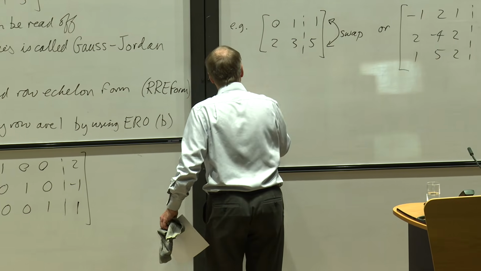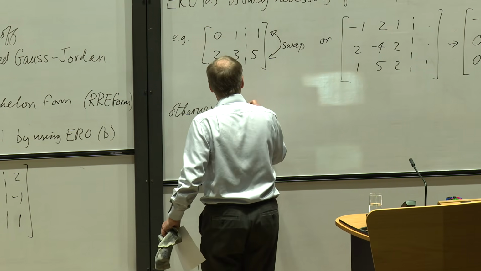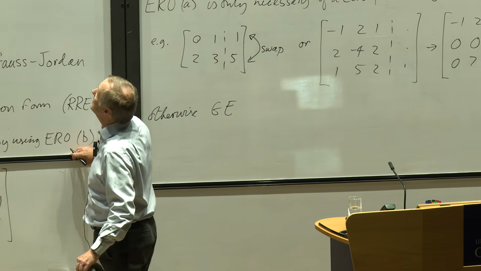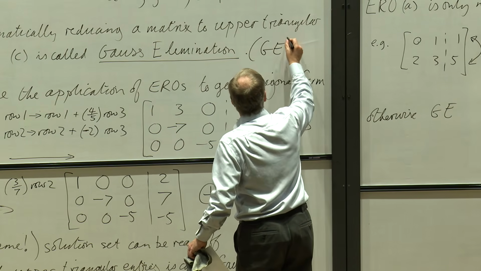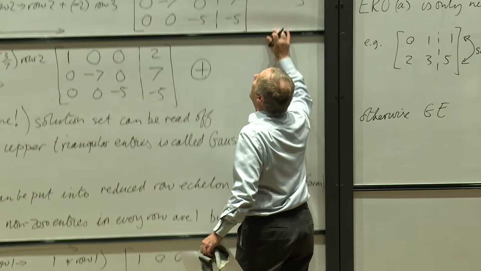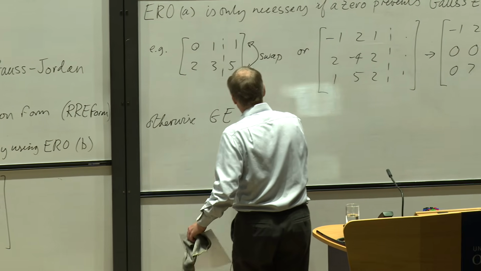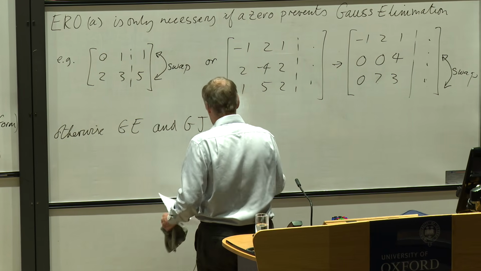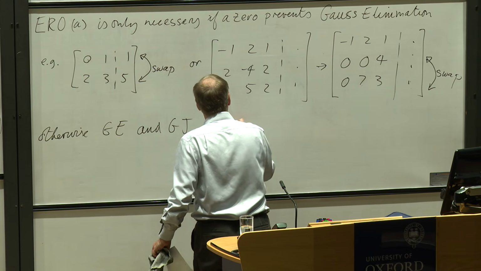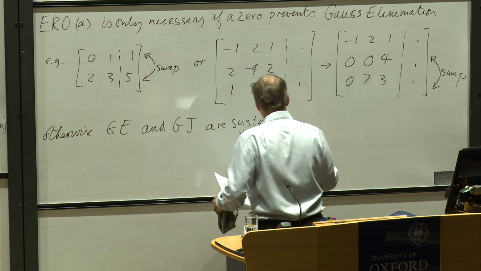Otherwise, Gauss elimination, and I perhaps should have said that's what this is, Gauss elimination. I shall call it GE. And GJ, which I have said, Gauss-Jordan, are systematic procedures.